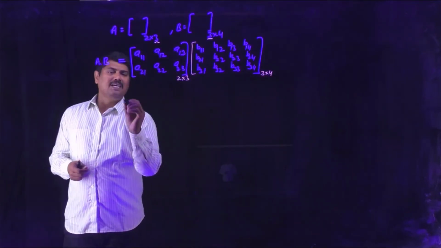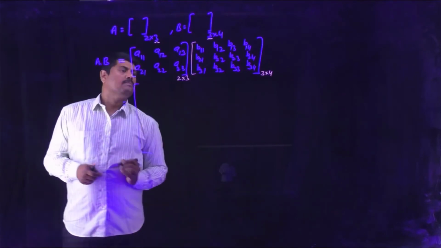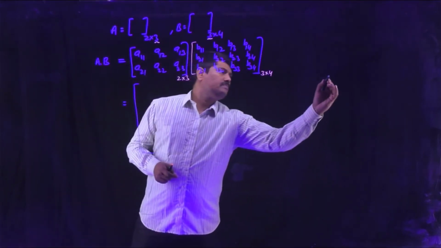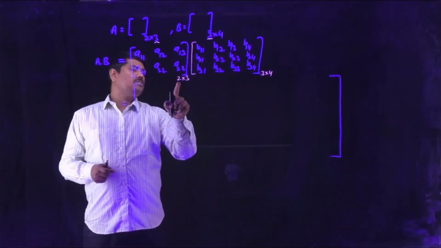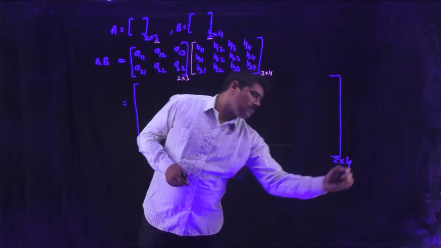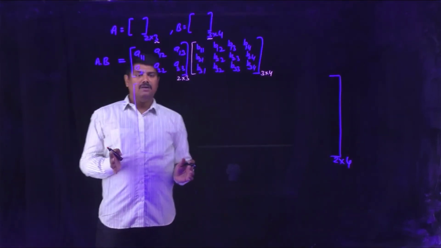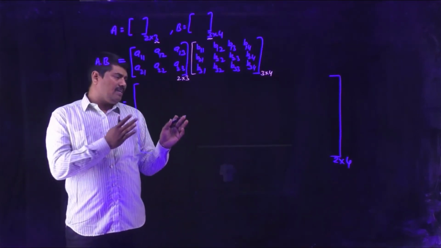Now the obtained matrix contains 2 rows and 4 columns. So this is of order 2 by 4. So here you may have an idea what the order of the obtained matrix is: 2 rows and 4 columns.